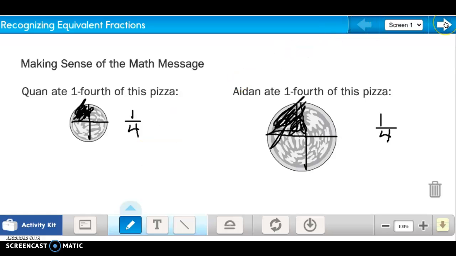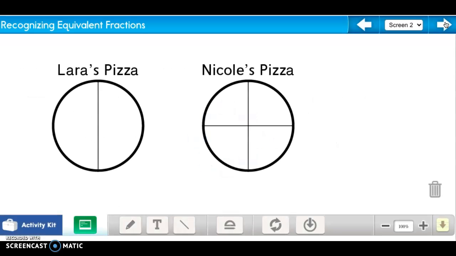All right, so you can answer those questions, and then we're going to go on to the next part of the page. If you're on journal page 156, it's down at the bottom. You will see Laura's pizza and Nicole's pizza. You see what's different about these two pizzas? Laura's is cut into 2 pieces. Nicole's is cut into 4 pieces.